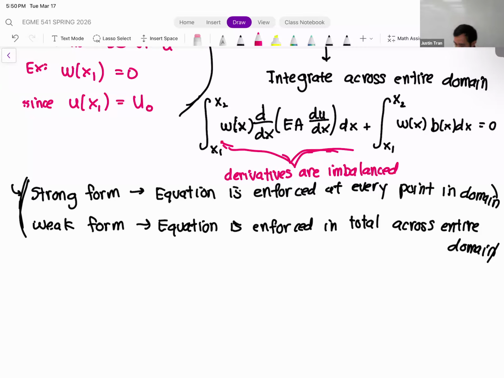Our solution function u has two derivatives on it, a d dx and a du dx, and our w here only has zero derivatives on it. It's just w of x by itself. Because we have these expressions in integral form now, we can balance the derivatives through integration by parts.